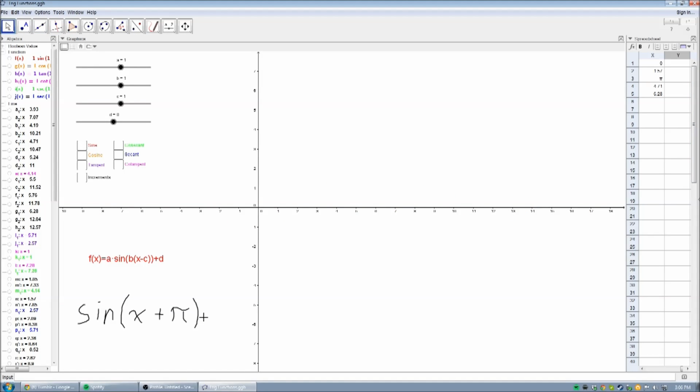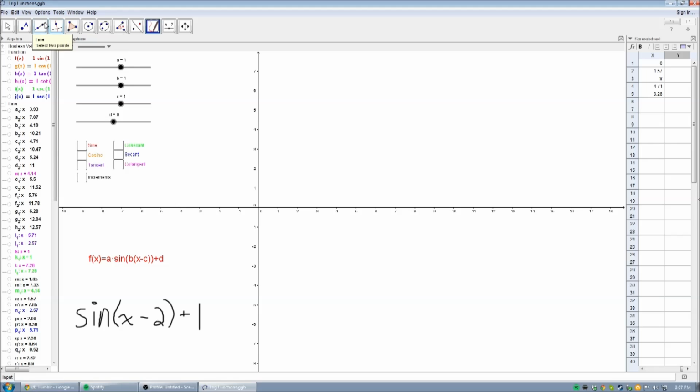And I'm going to delete this, and let's do a new function combining both of the new things we just learned, which will be the sine of (x minus 2) plus 1.